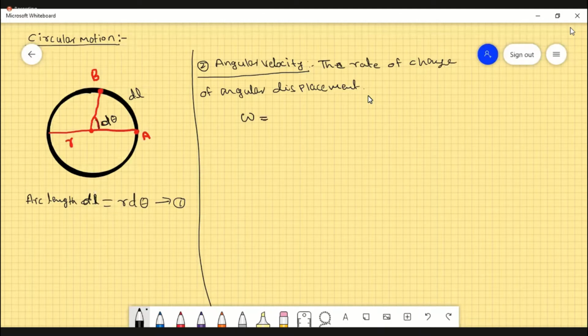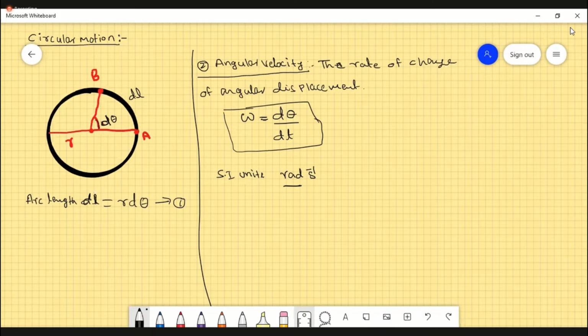So omega equals d theta by dt. What are the units? SI units are radians per second. Usually we are writing radians, rad, per second.